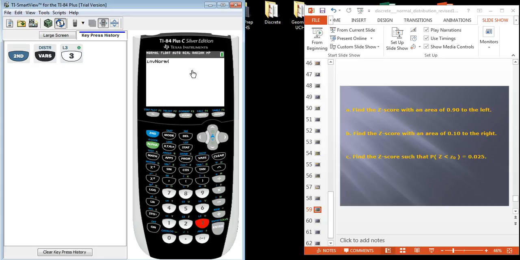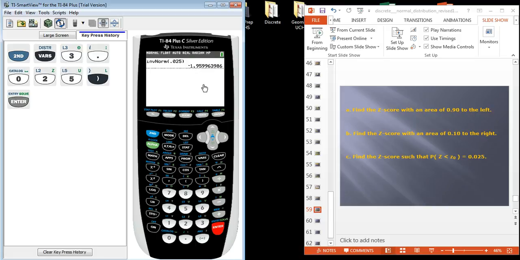Now it's asking for the left, so we simply enter the value here. This is the area under the curve, and we're coming up with the z-score. So we enter 0.025, close the parentheses, and enter. The z-score associated with this is going to be negative 1.96, basically.